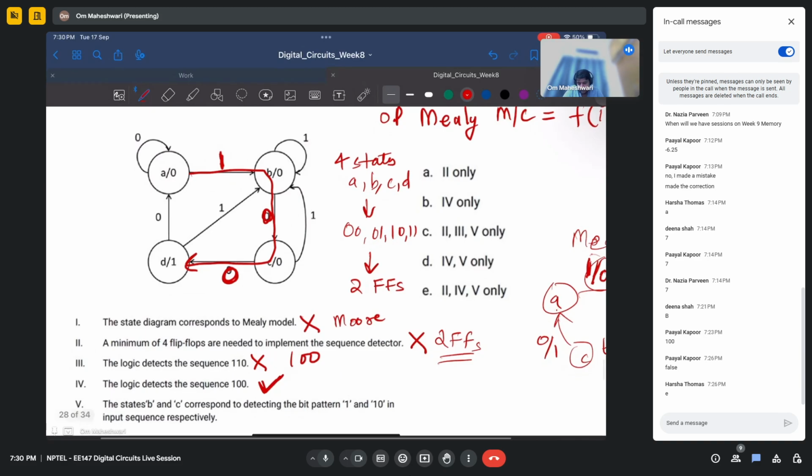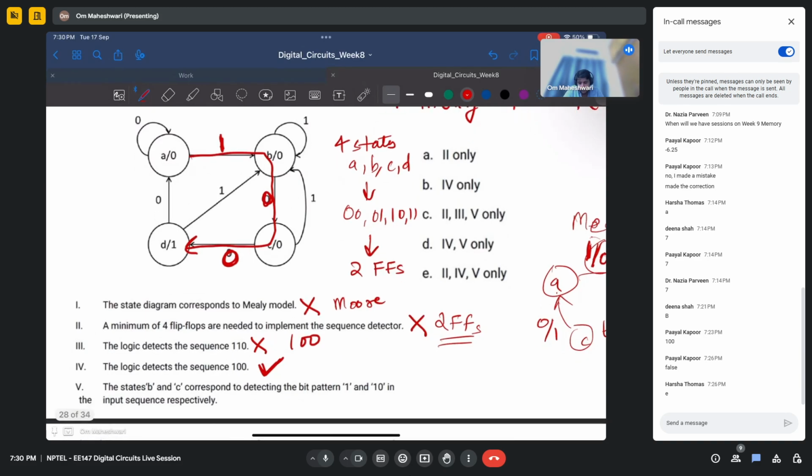And the last one is the states B and C correspond to detecting the bit pattern 1 and 1 0 in the input sequence respectively. This is true.